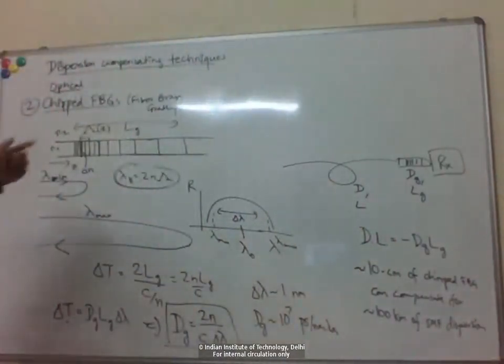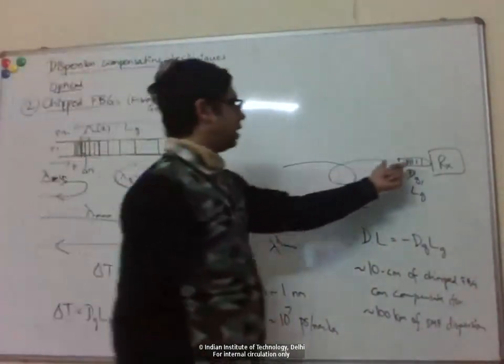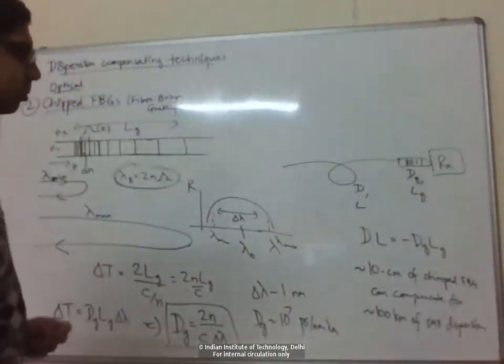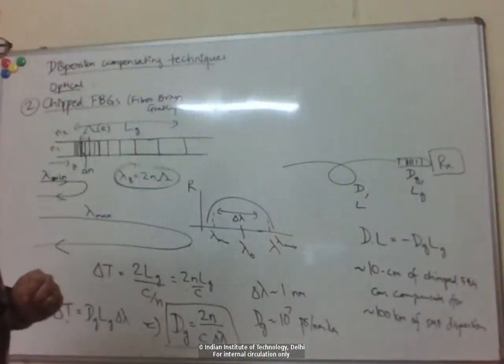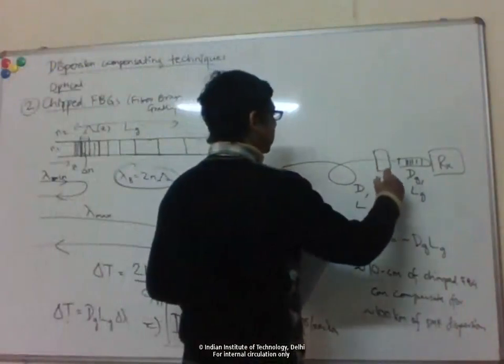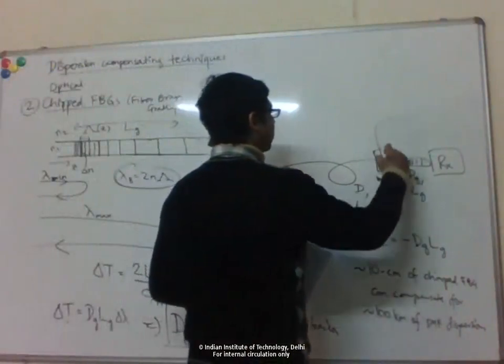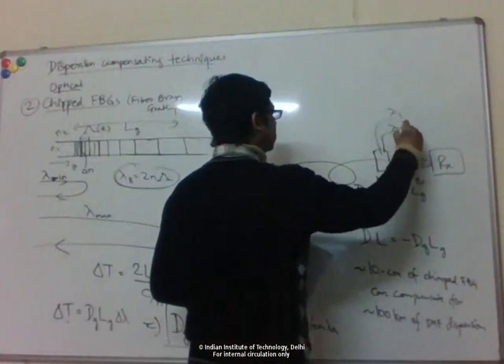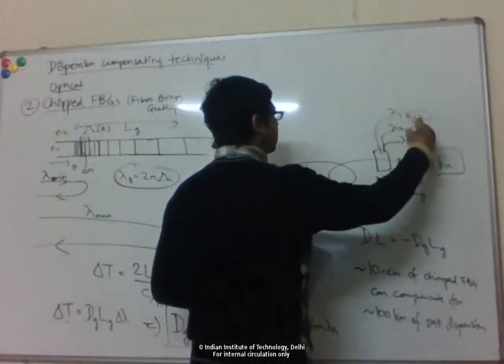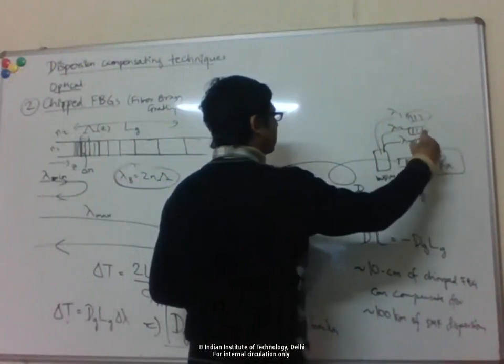So typically these are used for individual wavelength channels. You can't compensate for a very broad bandwidth for WDM systems. If you want to use this for a WDM system, then typically you have to first use a wavelength demultiplexer here, and separate into different channels into different fibers, and then you can use an FBG for each wavelength.